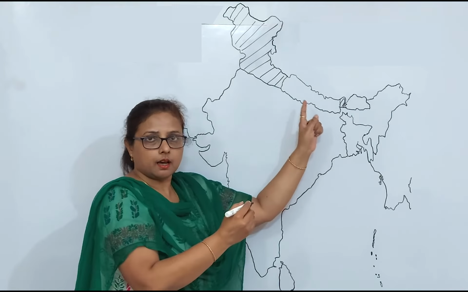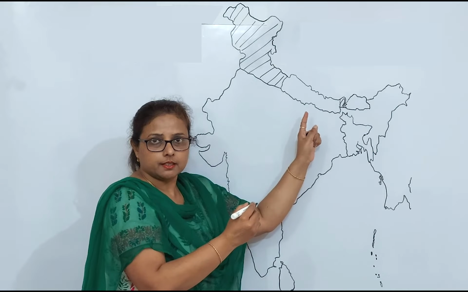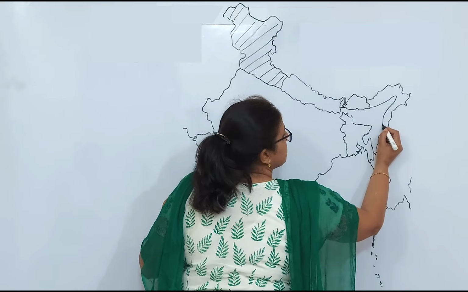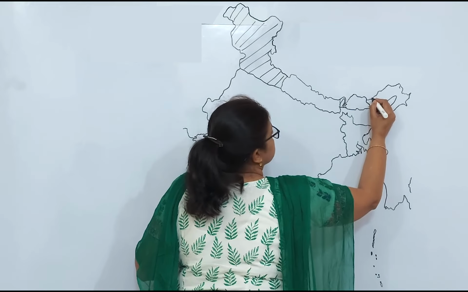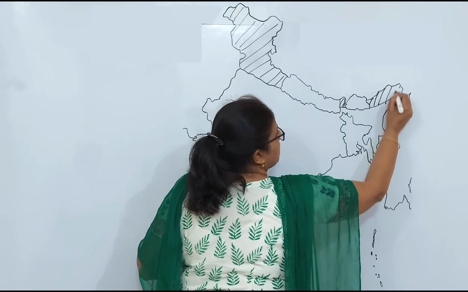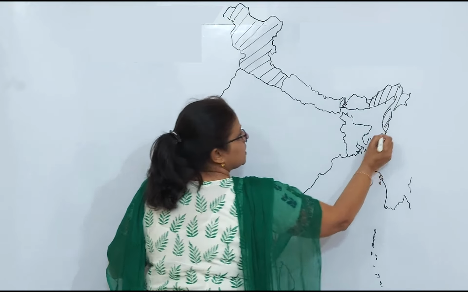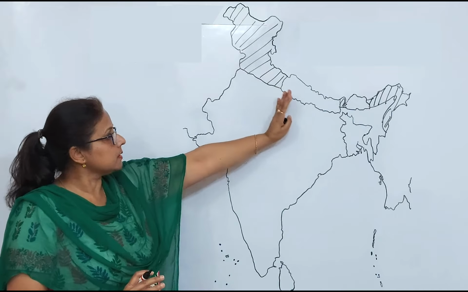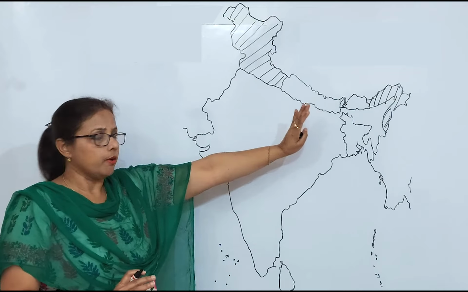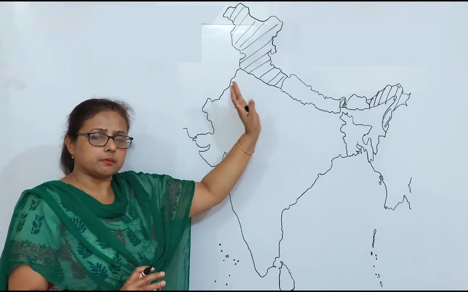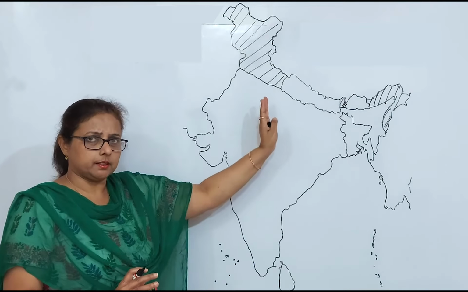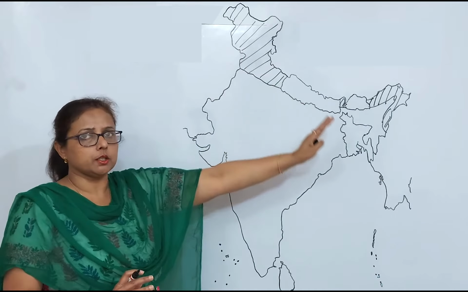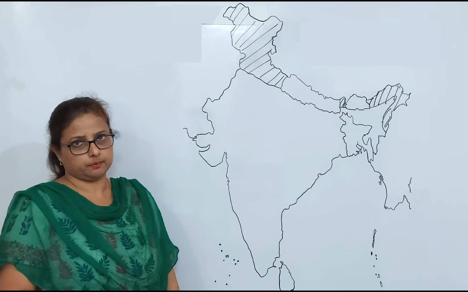All these areas are places where we have the Himalayas and a considerable region of the state of Arunachal Pradesh. So all these areas have a mountain type of vegetation where the trees are basically pine, deodar, oak, which are softwood varieties growing in the mountainous region.